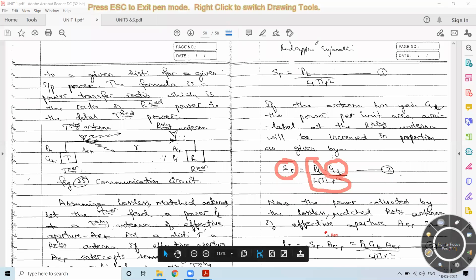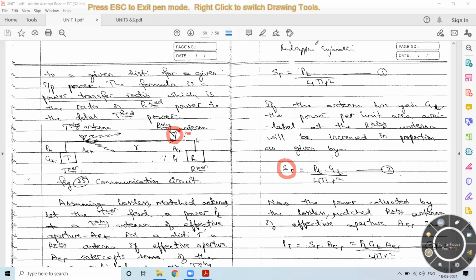Now you are receiving this much power density at this antenna. But we saw what the effective aperture specifies. The effective aperture gives you the information about the effective power which is being delivered to the load.